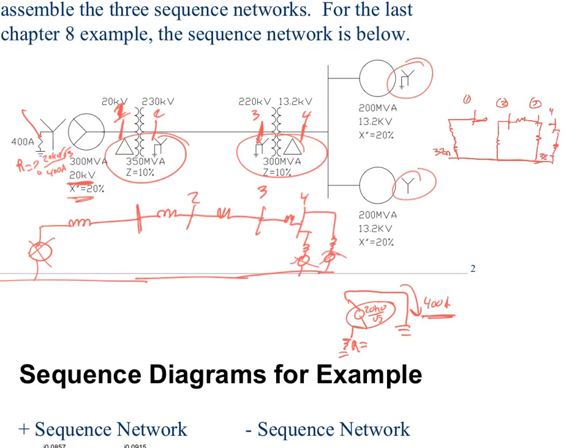This is 3ZN because of a solid ground there. The other one, I have the generator, but I just open circuit it, right? Because there's no current that flows through that Y because it's not connected to ground. So that is the positive and zero sequence diagrams for this system.